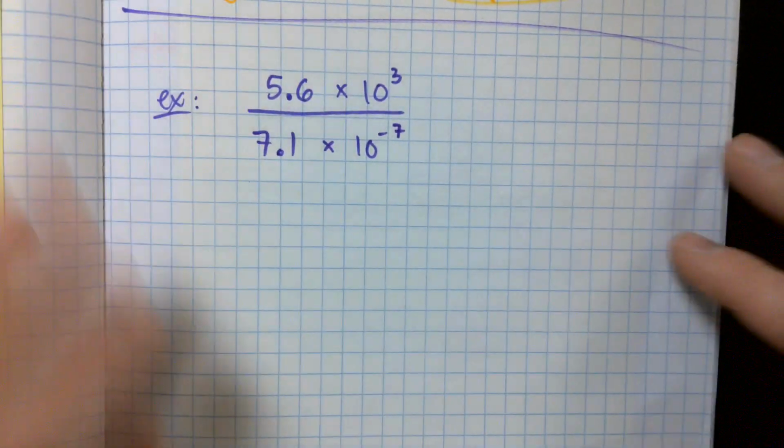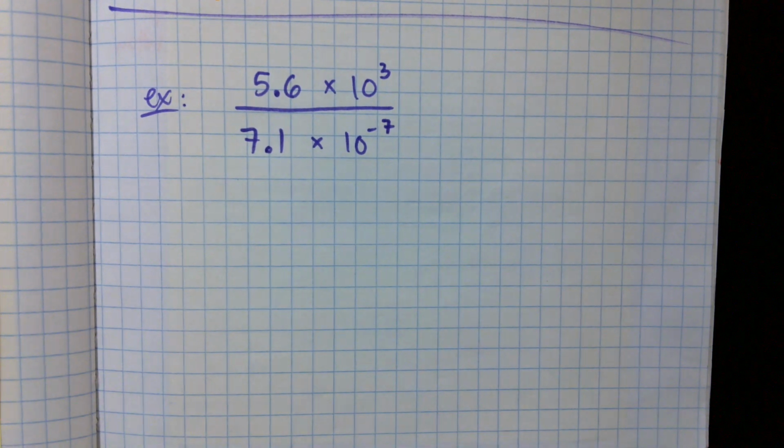Break it up. Use your calculator. Make sure you're rounding your decimal. Give it a shot. Don't forget we're subtracting downward, right? So the top exponent minus the bottom exponent. See what you can come up with.